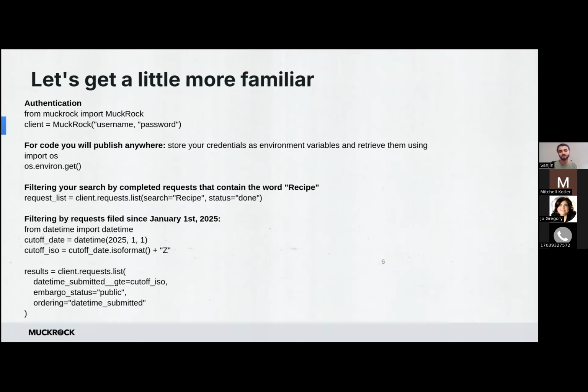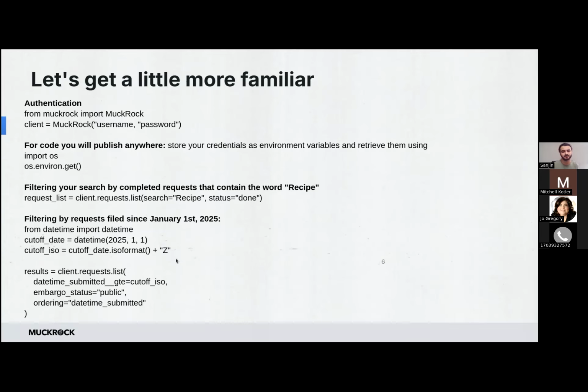You can also, this was introduced earlier this week, filter requests by when they were filed. You can do greater than or equal to, or less than or equal to options. So if you wanted to find the requests that were submitted since January 1st, this is how you would do so.